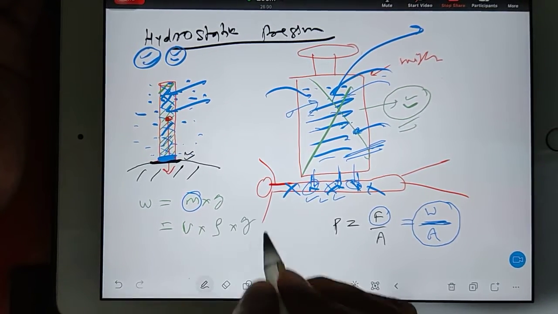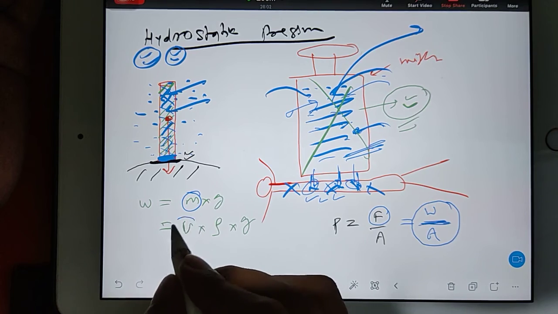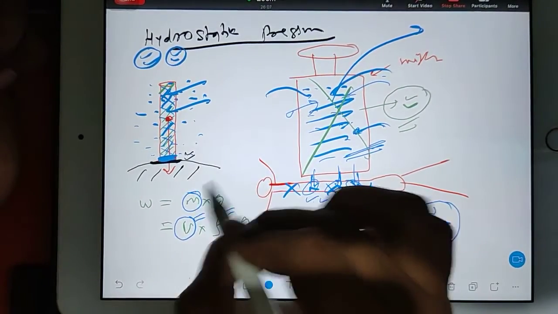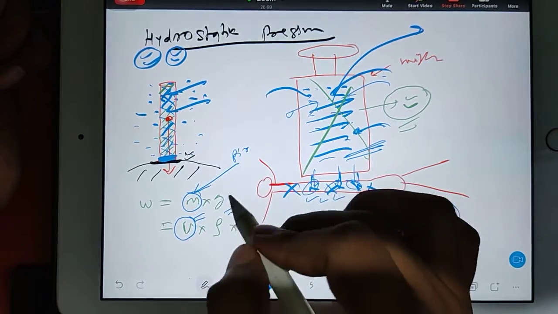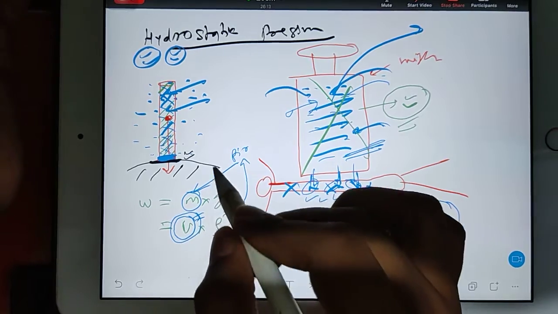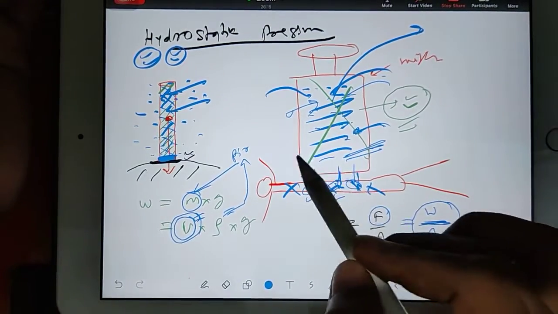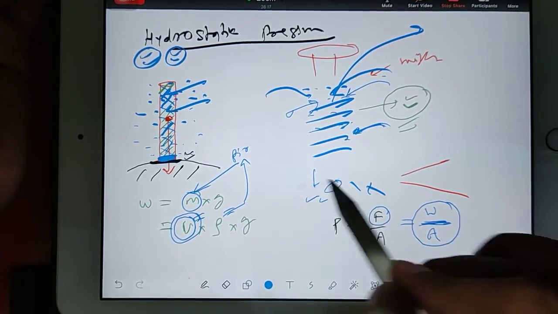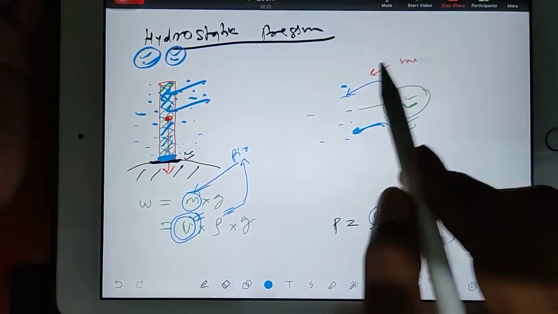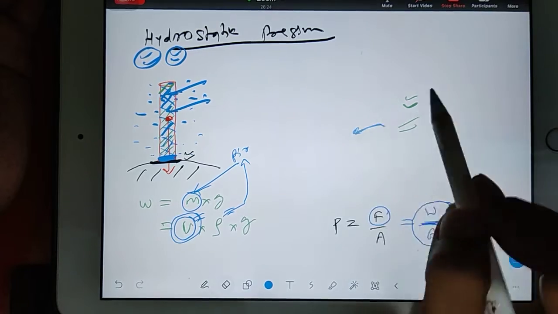Which volume and which density? I was talking about the mass of the air, so this density is the density of the air. The volume is that volume in which the air is trapped. My air is trapped in that imaginary cylinder, so that is nothing but the volume of the cylinder.